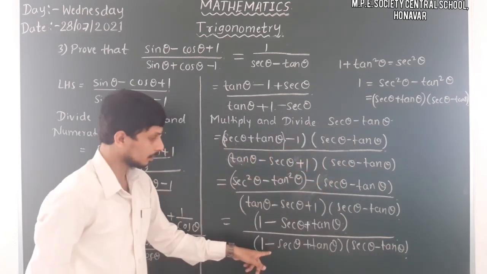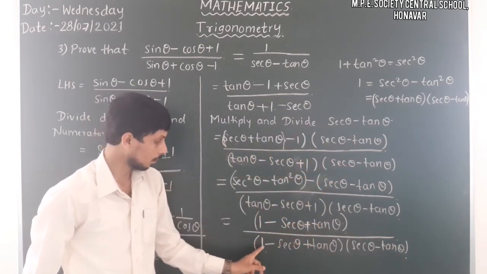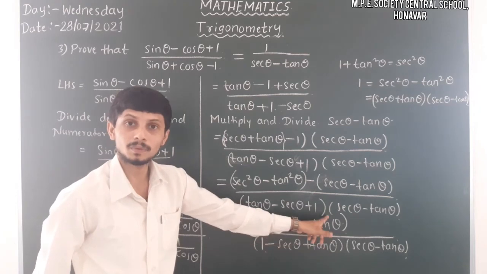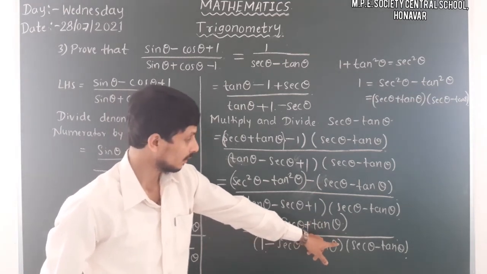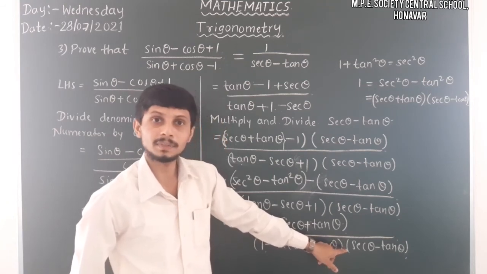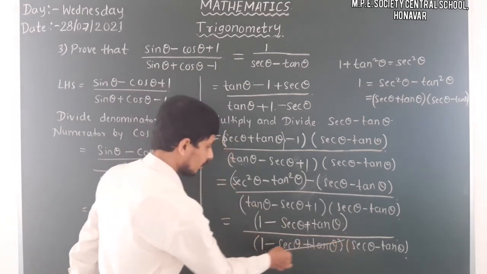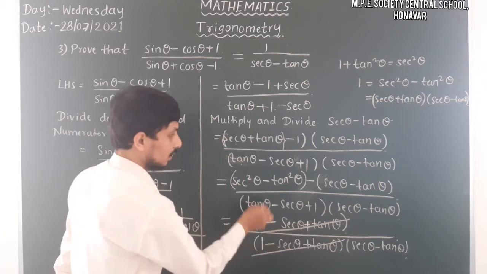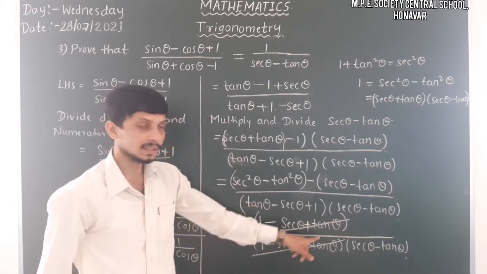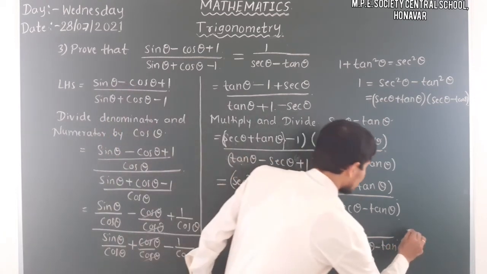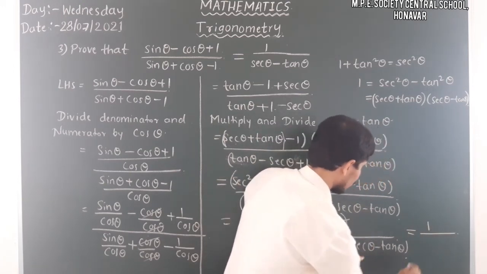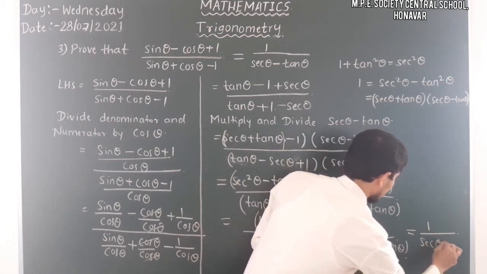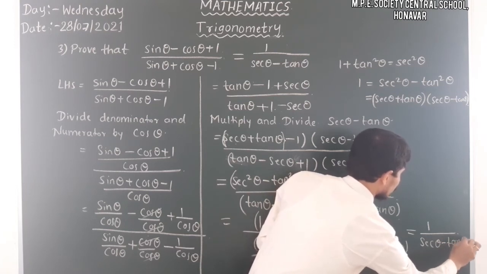So here just observe, 1 minus secant theta plus tan theta, 1 minus secant theta plus tan theta, both we have in the numerator and the denominator, and here it is actually multiplied, that means it's a free term. So that's why we can cancel both here. That means when we cancel it, we are getting the answer is equal to, in the numerator only we have 1 divided by secant theta minus tan theta.